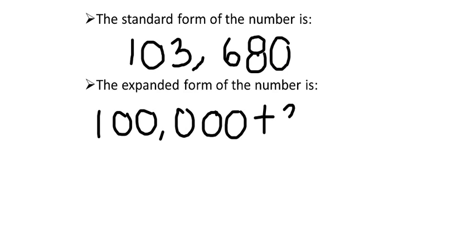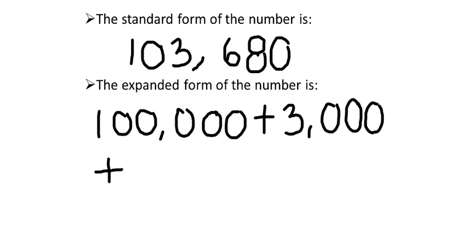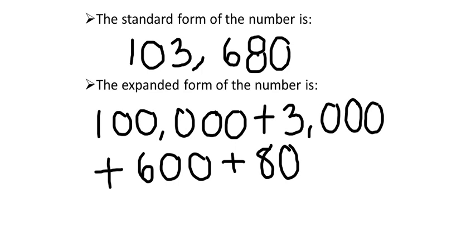So it would be 3,000 plus the next one would be 600 plus the 80. So this full number, 103,680, is written this way in the standard form, and this one we have in the expanded form: 100,000 plus 3,000 plus 600 plus 80. So again, standard form and expanded form.